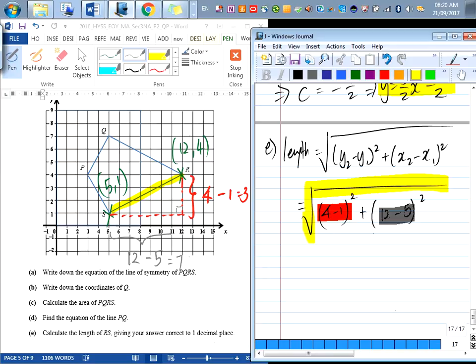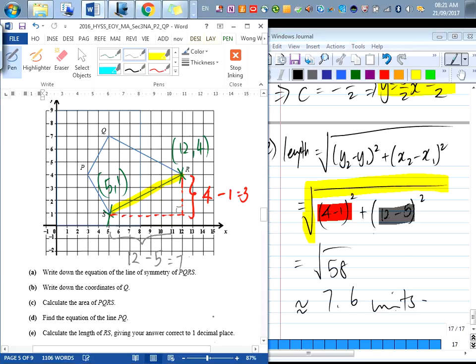For the yellow color line, our answer will be square root of 58, approximately 7.6 units, because the question wanted it to be in 1 dp. Can?